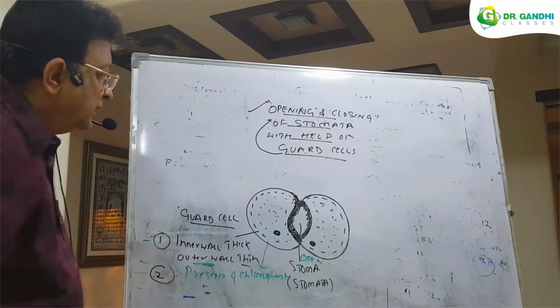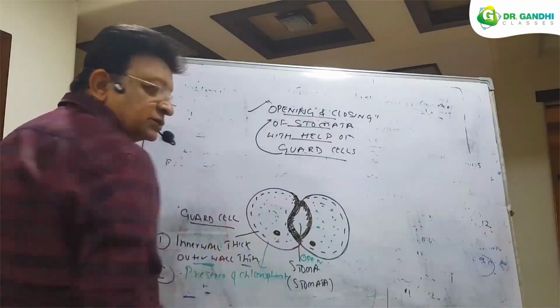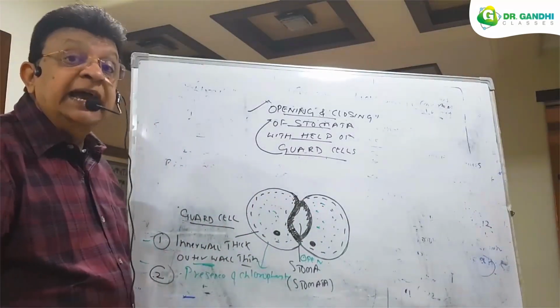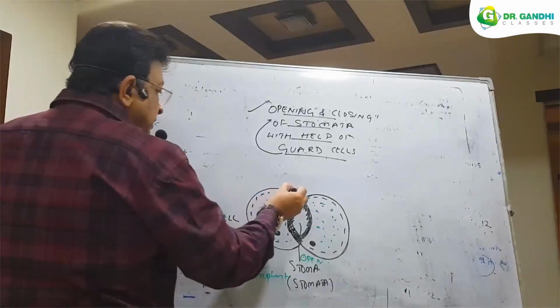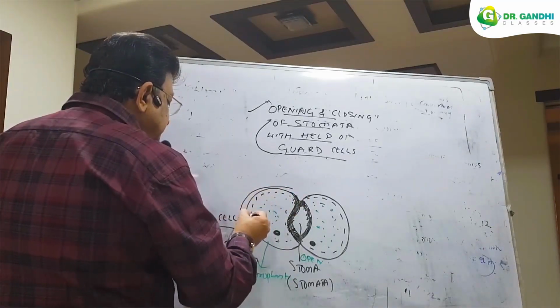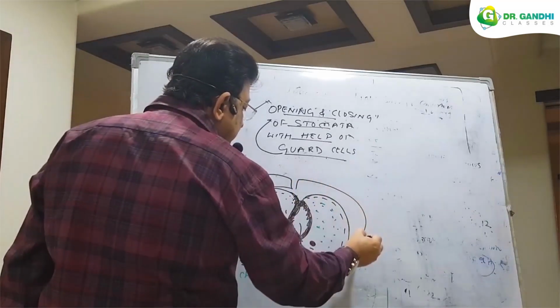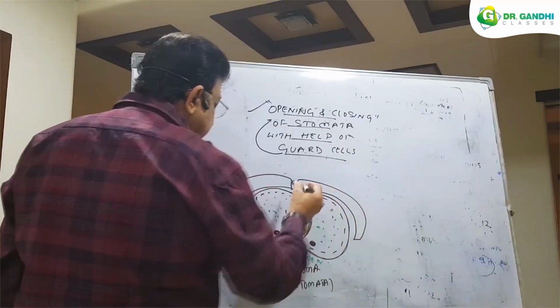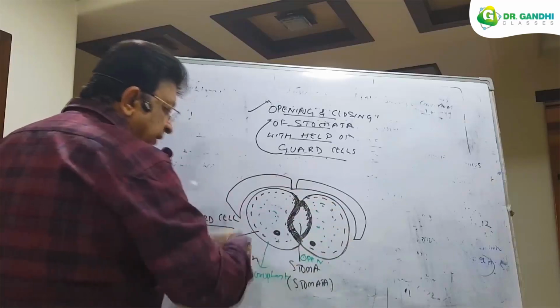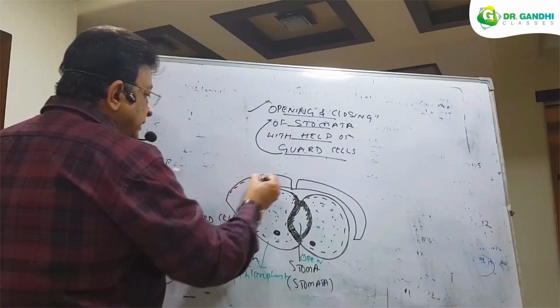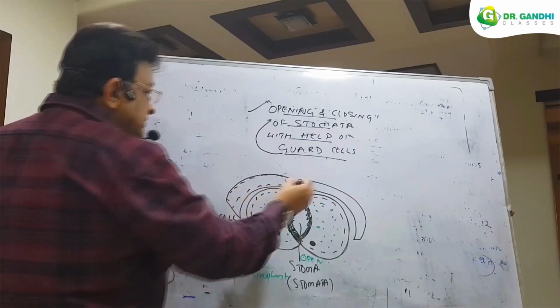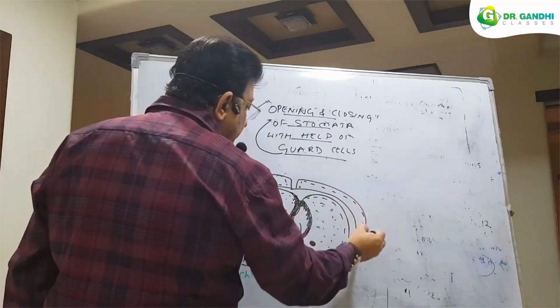Next, where are the stomata present? They are present in the epidermis of a leaf. So I am now drawing the epidermis. These then are the epidermal cells surrounding the stomata. I am only drawing two, but they are all around. These then are the epidermal cells. You are supposed to draw all around.